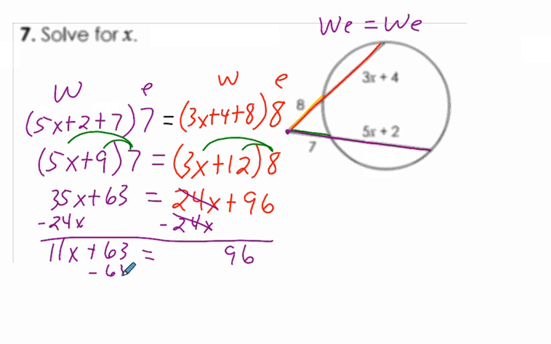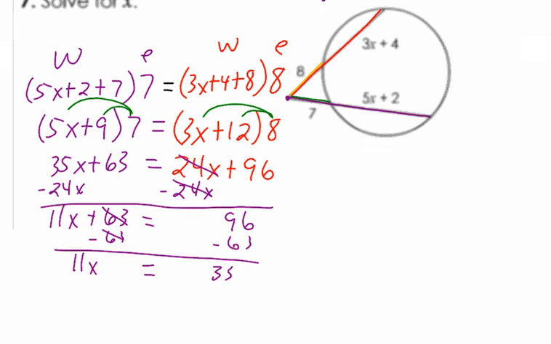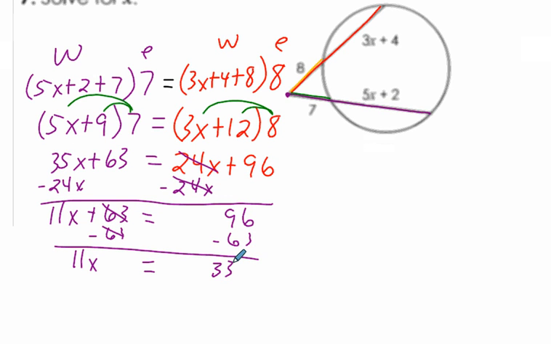Subtract the 63 from both sides. Okay, and that leaves me 11x is equal to 33. Divide both sides by 11 now. And we'll get x is equal to 3.